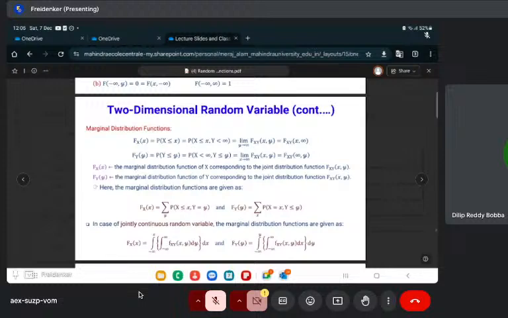You will integrate the joint PDF with respect to y across its entire range. But let's say you want to find the marginal CDF of x. If you have the joint CDF, you just take the limit tending to infinity. That's it.